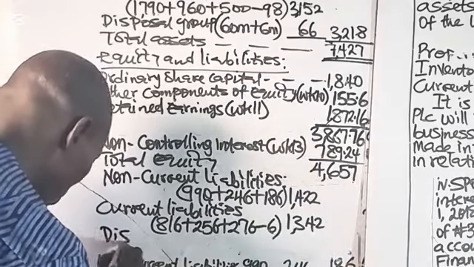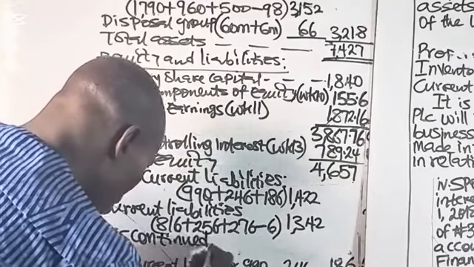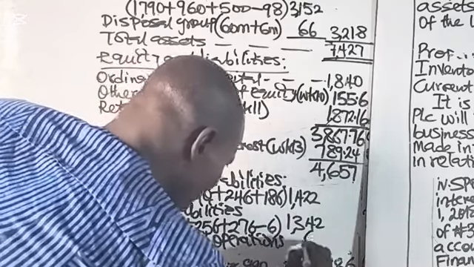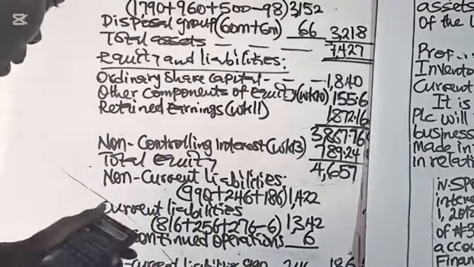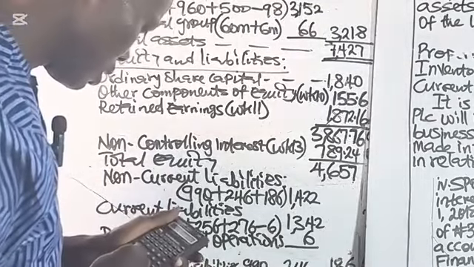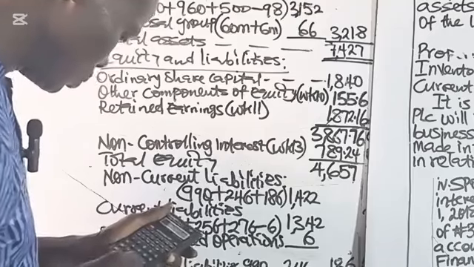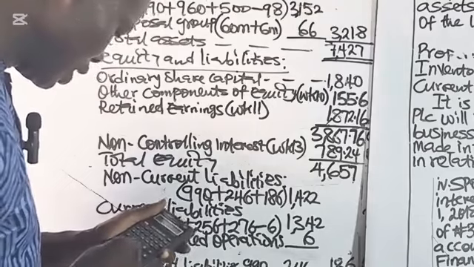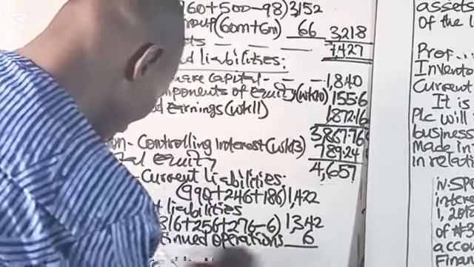Then that same 6 million you subtracted here must be disclosed separately in accordance with IFRS number 5. Let's have discontinued operations, and that amounted to 6 million. So if you sum up the liabilities, 1422 plus 1342 plus 6, we have 2,770.